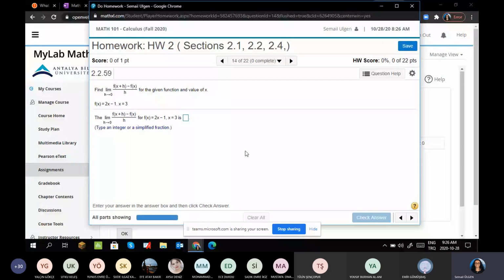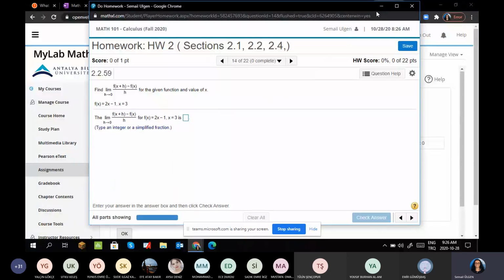Let me write the question down here. This is similar to what we just did; the function is different. In the previous question we looked at the rate of change, this quotient. We just put in f of 2x plus h and then took the limit.